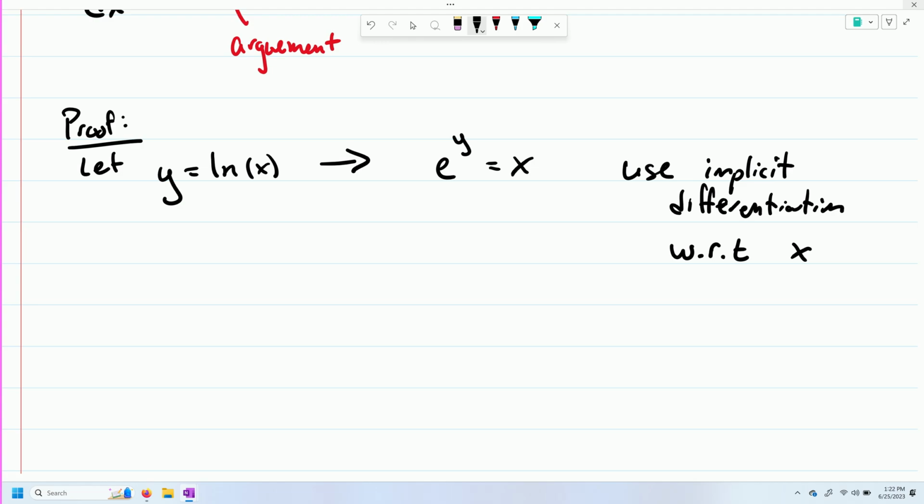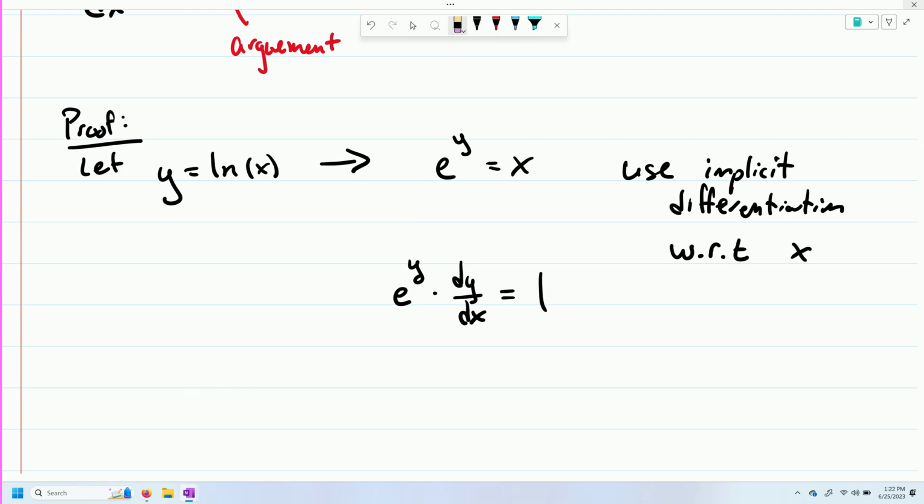So what's going to end up happening here is on the left-hand side, we're going to get e to the y times dy dx. Remember, this over here is a chain rule, all right? And then on the right-hand side, you just get 1.